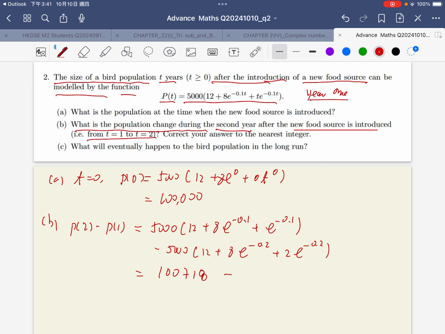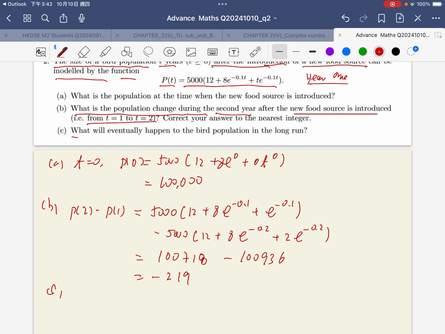I don't want to make any mistake here. Okay, after subtracting, P2 minus P1. Oh, negative. I think the food is decreasing. The food sources are decreasing. Okay.